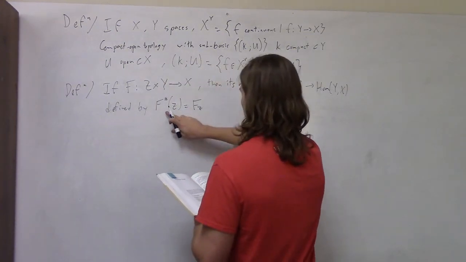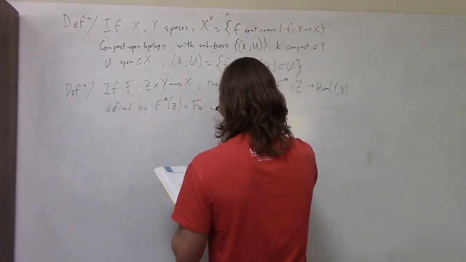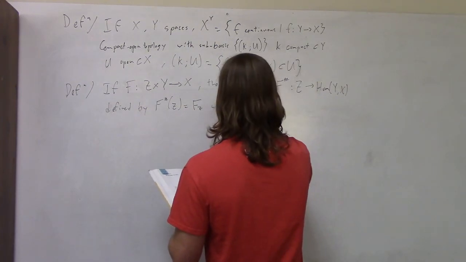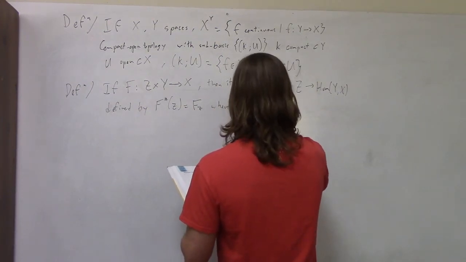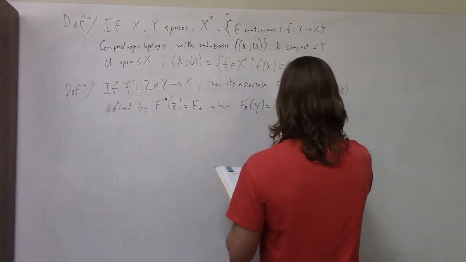So this f sharp of z is going to be a new function, which maps from Y to X, where f sharp z of y is equal to f of (z, y).